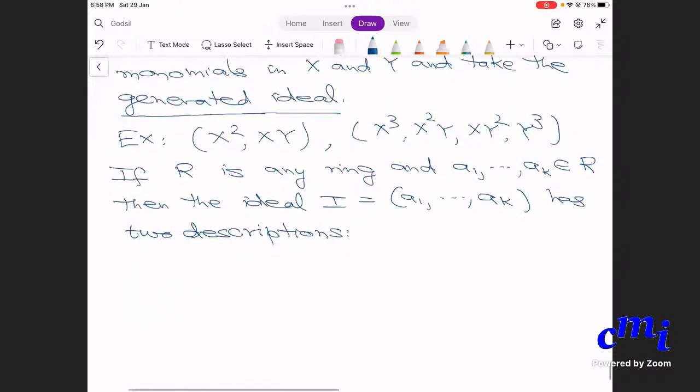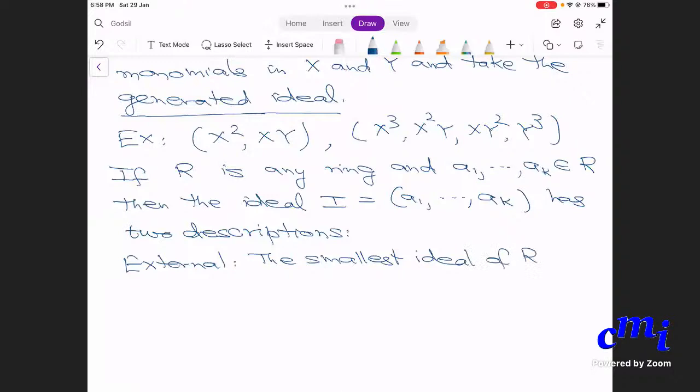So the external description is the following. External: it is the smallest ideal of R that contains all of A1 up to AK. That is, among all ideals of R which contain A1 up to AK, you take every ideal of R which contains A1 up to AK.